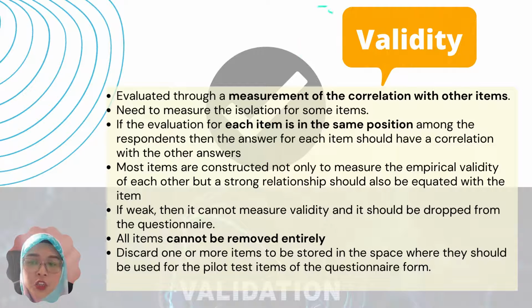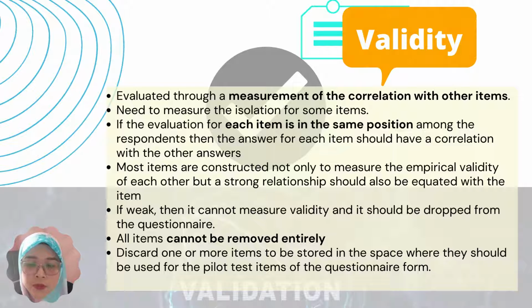If the evaluation for each item is in the same position among the respondents, then the answer for each item should have a correlation with the other answers. Typically, most items are constructed not only to measure the empirical validity of each other, but a strong relationship should also be equated in the items.